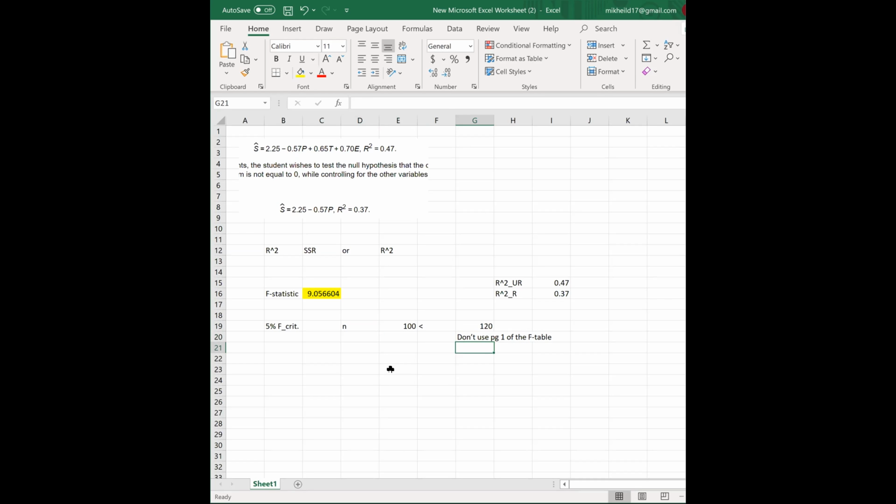Let me pull up my F table. The first page of the F table works when it's greater than 120.